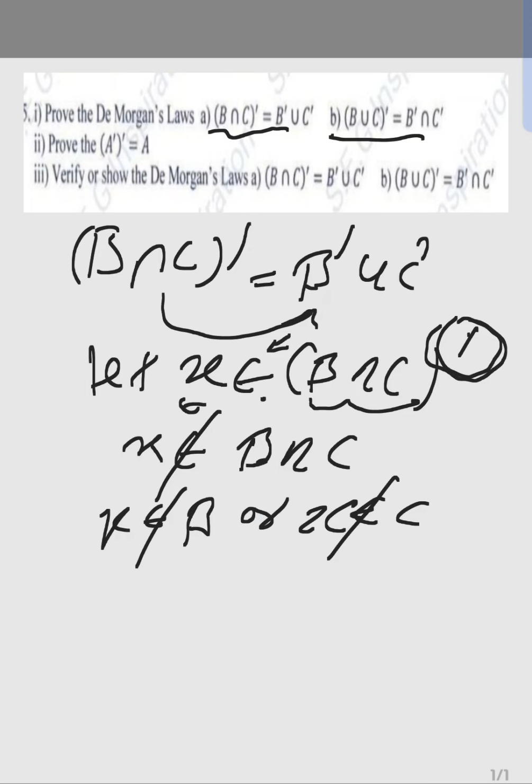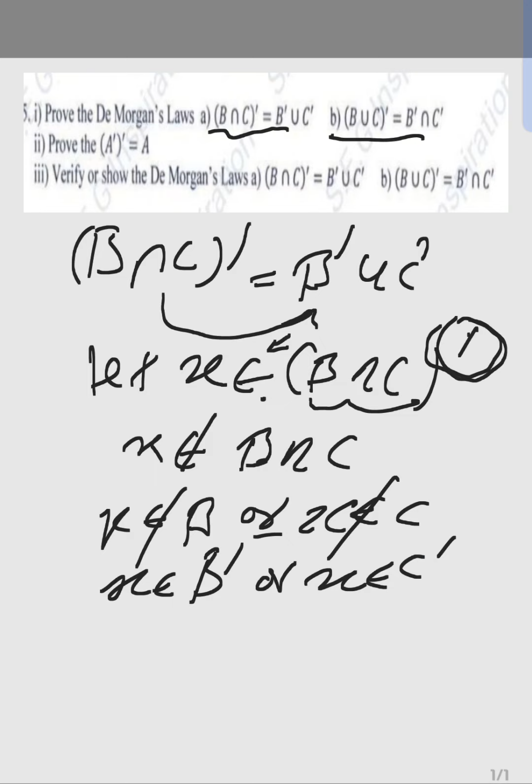Are we together? Now guys, if X is not a member of B, it means X is a member of B complement, isn't it? If X is not in B, it means it's in the complement of B. Maintain the sign, or X is a member of C complement.